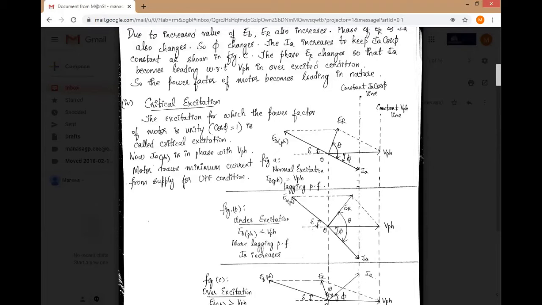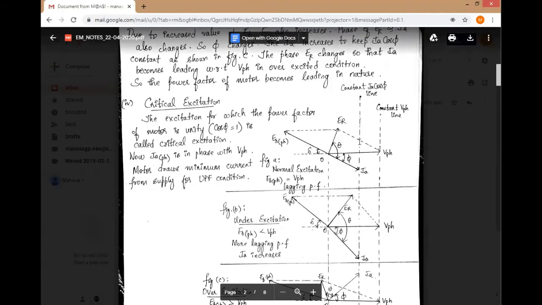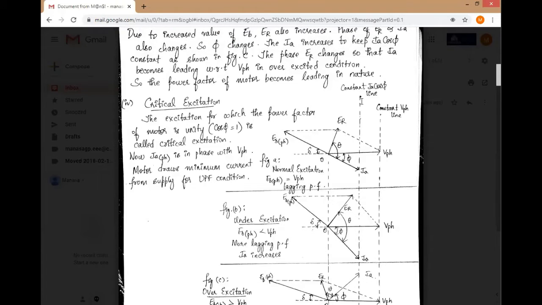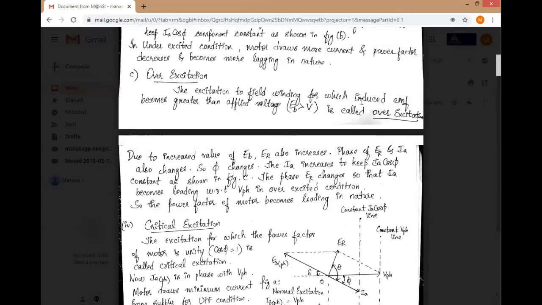What is IA? It is the stator winding current or the armature winding current, which is drawn from the supply. This current can be resolved into two components, one is the sine component, the other one is the cosine component. This cosine component is the one that has to remain constant. So this IA cos phi should not be changing at any condition.